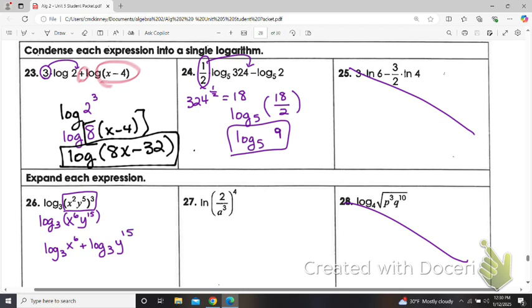And then those exponents are going to jump to the front. So when we expand, our exponents jump to the front of the log. So this becomes 6 log base 3 of x plus 15 log base 3 of y.